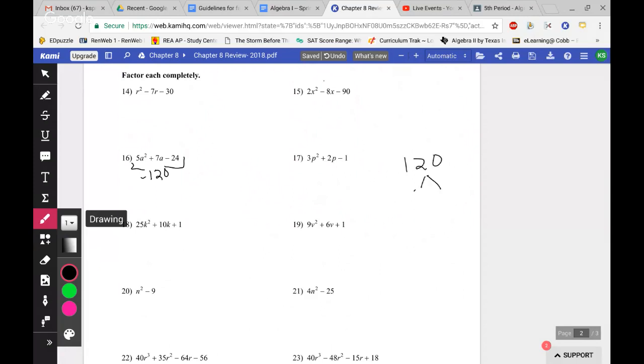So let's take a look at it. I would typically start with 12 and 10, but obviously that's not going to get us there. And so then now I'm going to divide this out to 6 and 2 and 20. That won't work either. So now we'll do 5 and 2 down here.